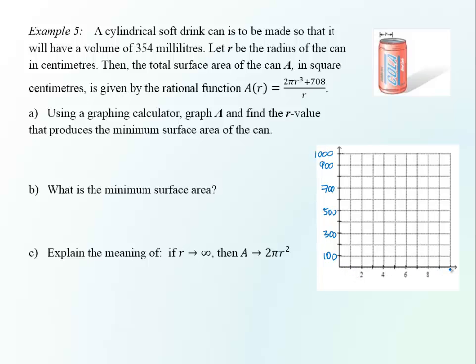And here's from 1 to 10. This is our r axis, and this is our A of r function. I hope that you already graphed on your calculators, and the graph looks somehow like that.